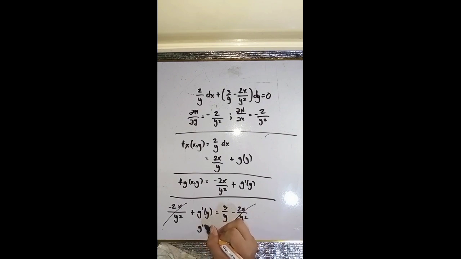So g prime of y equals 3 over y, which will be integrated. So g of y becomes 3 ln y plus the arbitrary constant, which is c.